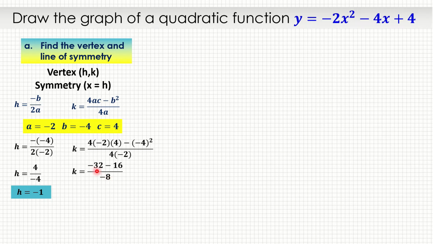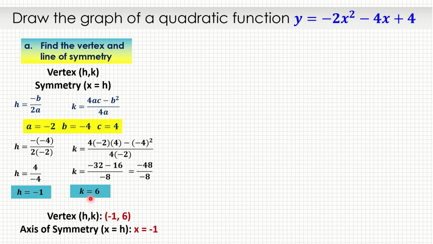And negative 32 minus 16 is equal to negative 48 over negative 8, in which the value of k is equal to positive 6. Now that we found the values of h and k, the vertex of our graph will be (negative 1, positive 6), while the axis of symmetry is at x equals negative 1.